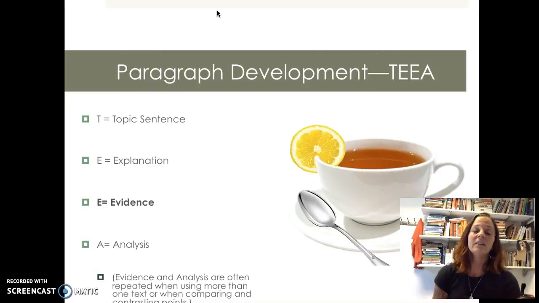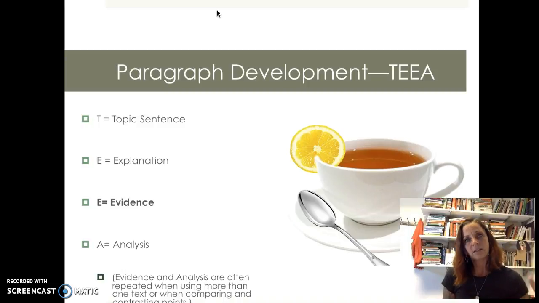Okay, and then in this section, I want to talk a little bit about paragraph development. So when you write your essay, you have an introduction that'll end with a thesis statement, and I'll talk about intro types later. And then you'll have body paragraphs, and it's really important with these body paragraphs that they follow a format. And so you'll start with a topic sentence, you'll give some explanation, then you'll move into your evidence, and then analysis.